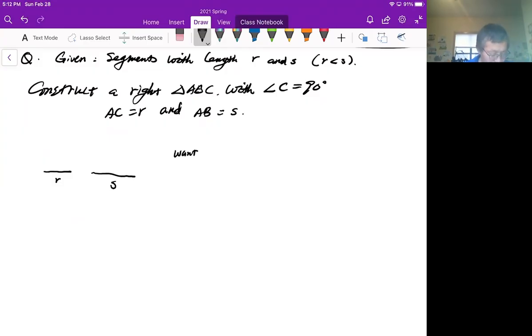I want a right triangle ABC such that C is 90 degrees, and AC is R. I only have R here, and S is here. Does it make sense? So you are given the two segments R and S, and I want you to get a right triangle so that the hypotenuse is S and one of the legs is equal to R.